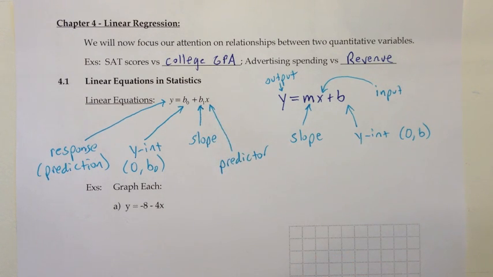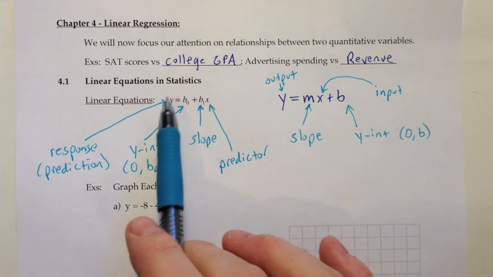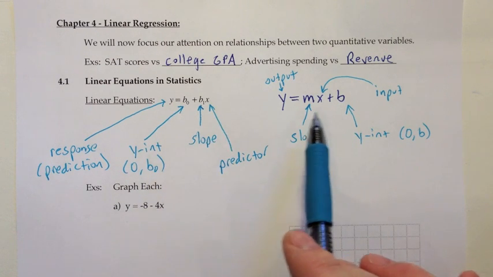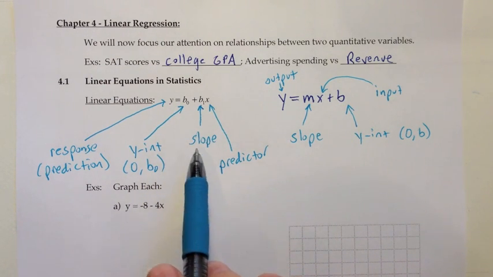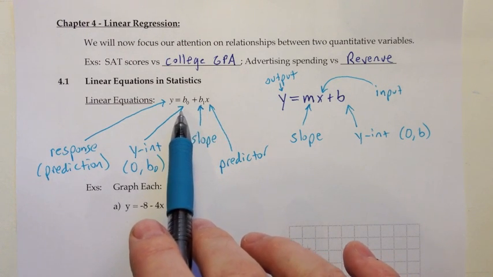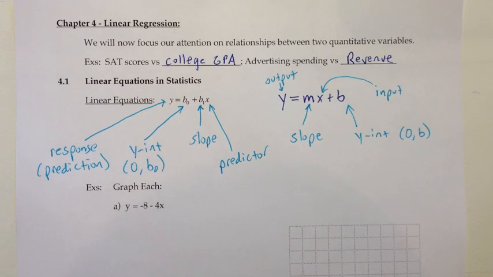Now it turns out we don't cover that in this intro course, but that is what this ends up extending to, and that's the reason they set up this equation in this different format than what we're used to in algebra. So we have to get used to this little bit of a rearrangement, but the slope is still the coefficient of x, and the b0 is still the y-intercept coming from the constant term.